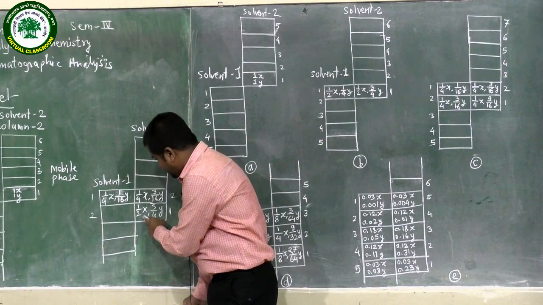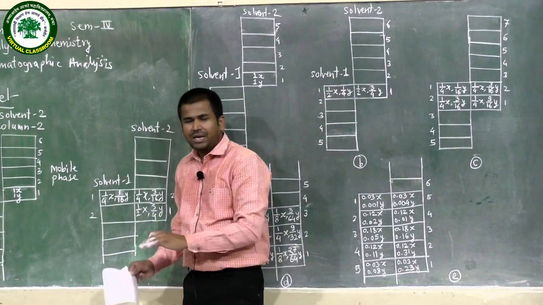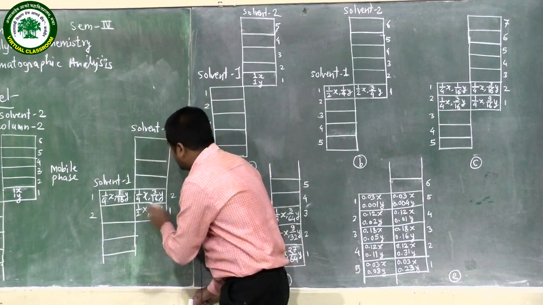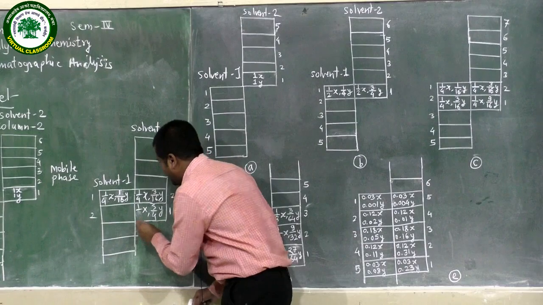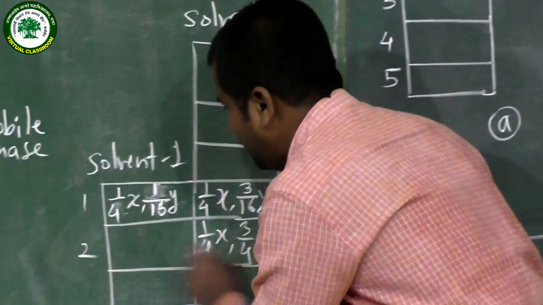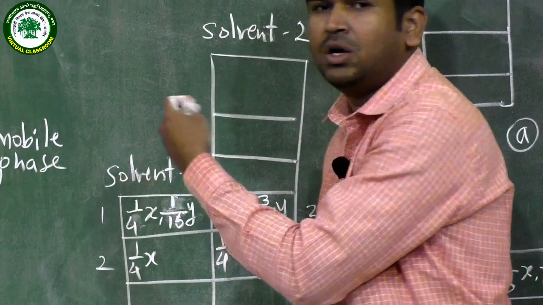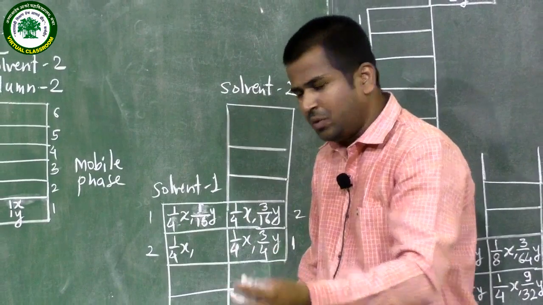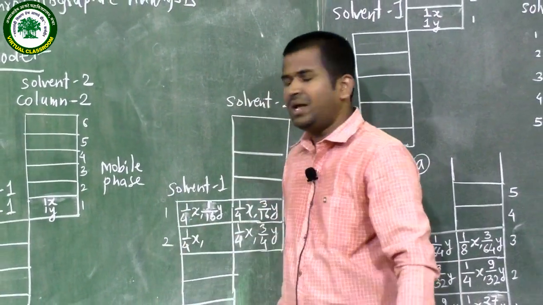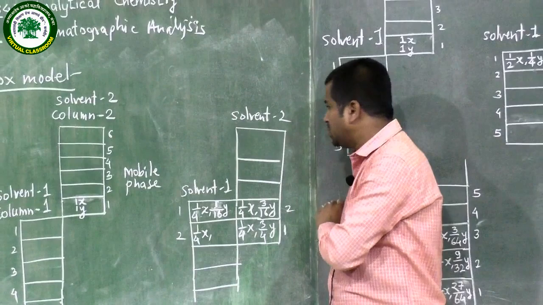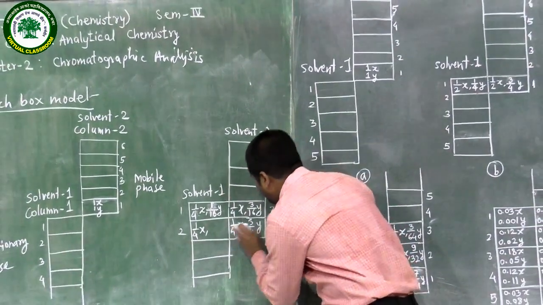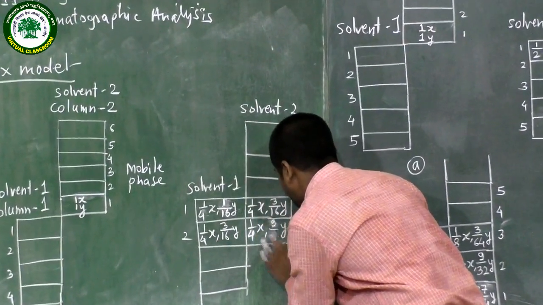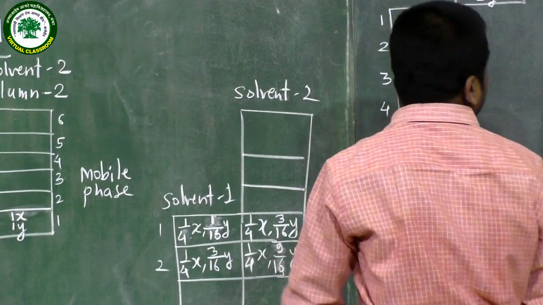Now this solute 1/2 x again gets 50% solubility in solvent 1 and 50% solubility in solvent 2. So 1/2 x becomes 1/4 x in solvent 1 and 1/4 x in solvent 2. Similarly, this 3/4 y gets redistributed, 25% of this goes into solvent 1 and 75% of this goes into solvent 2. So here we get 3/16 y and 9/16 y.